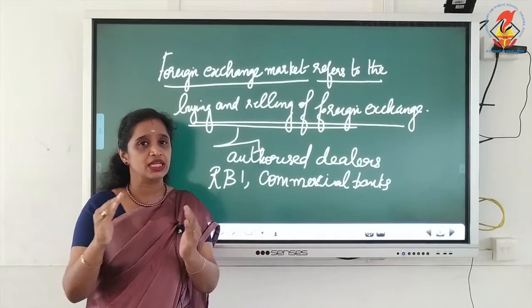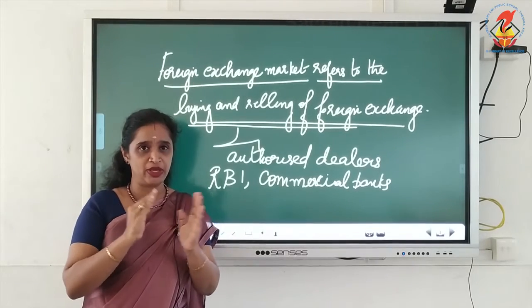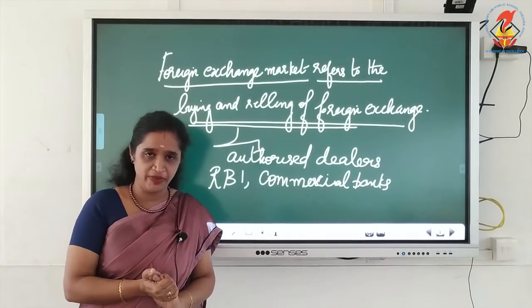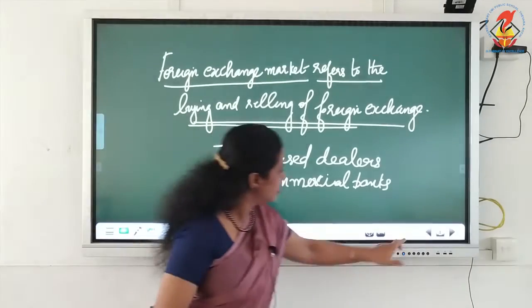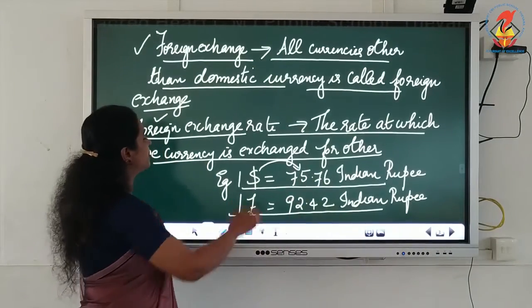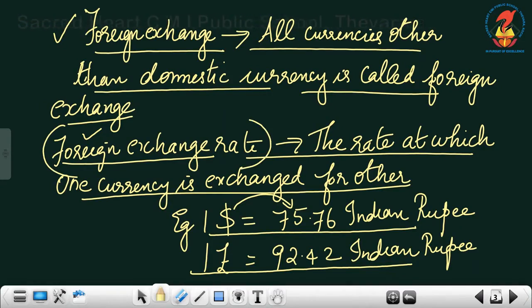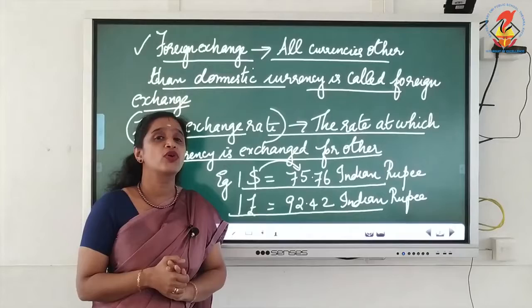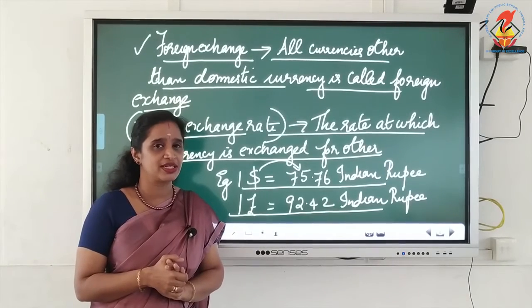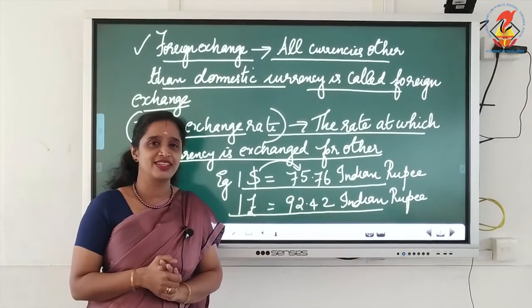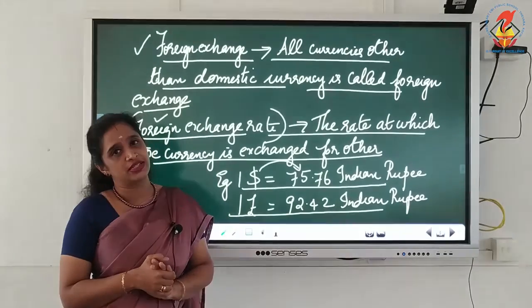So, these terms are the ones which we will be constantly using in this particular chapter, and the most important term that we will be using in the whole chapter is foreign exchange rate, that is the rate at which one currency is exchanged for the other currency.